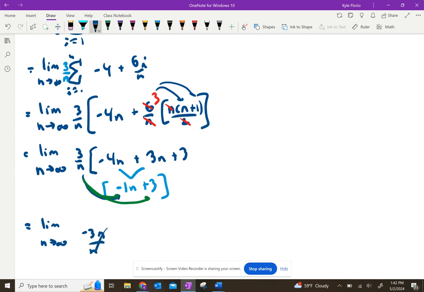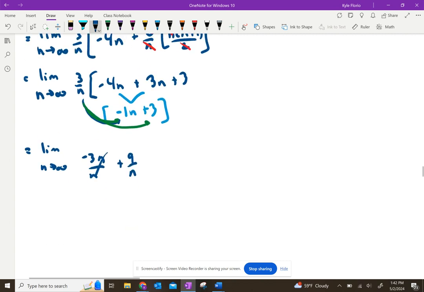The n's are going to cancel out. And 3 over n times 3 is going to give me 9 over n. And so this is going to give me negative 3 plus, as n goes to infinity, this is going to be 0. So I just get negative 3.